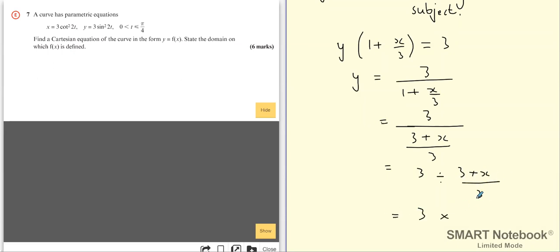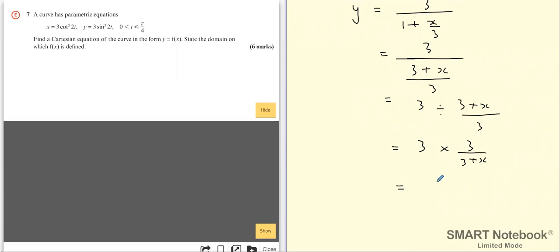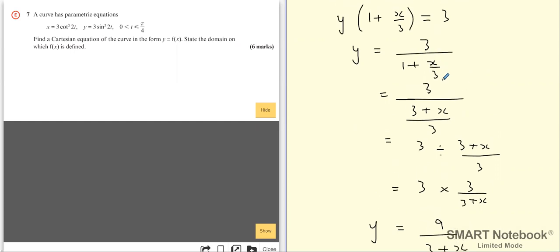So change that to times and flip this upside down, and so we get 9 over 3 plus x, which really is how we should leave it. We shouldn't have a fraction over a fraction.